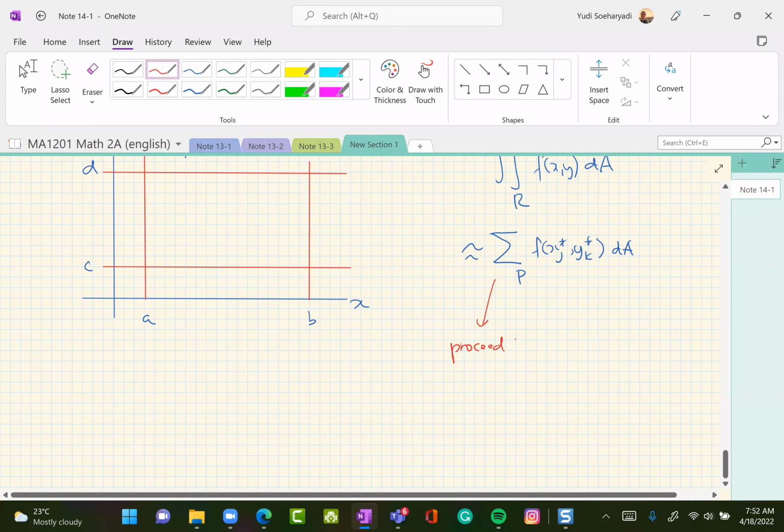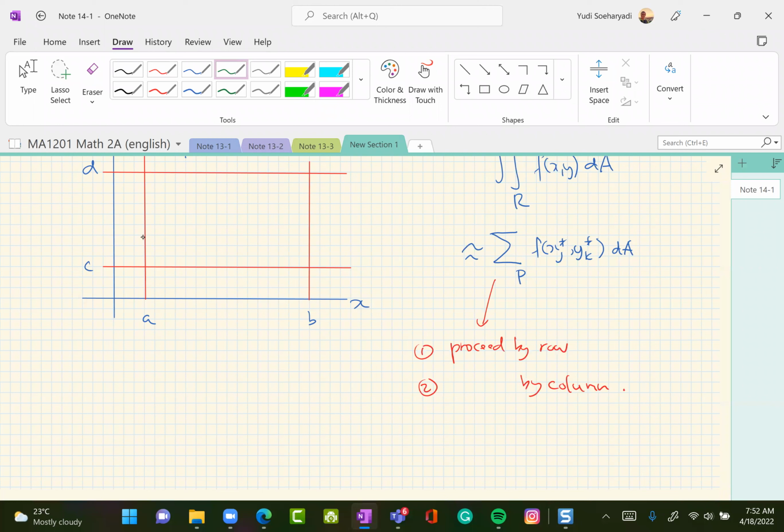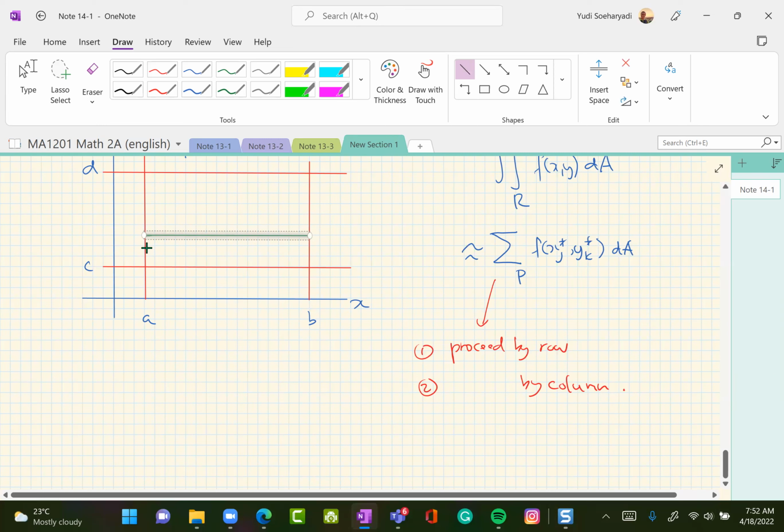Let's proceed by row or by column here. Okay, so first let's proceed by row. Row meaning, all right, so let's see. Okay, so then we have this one.